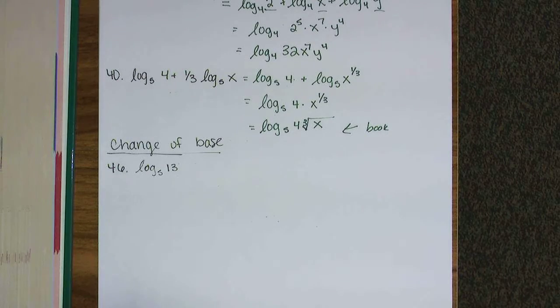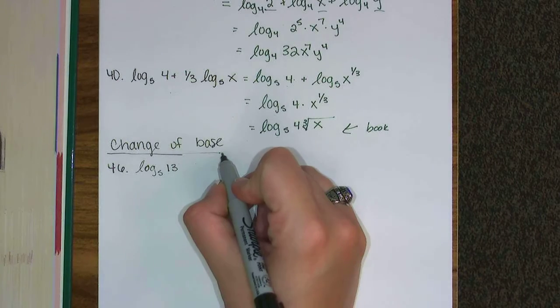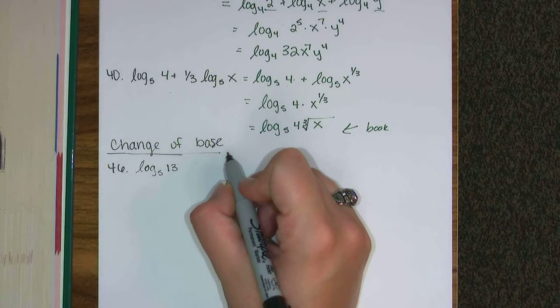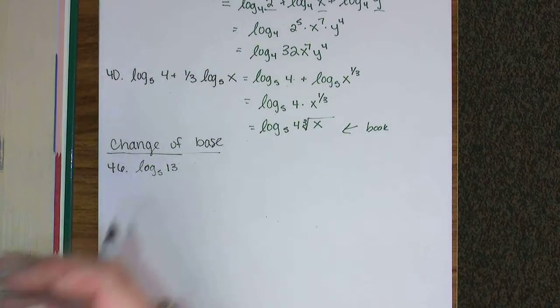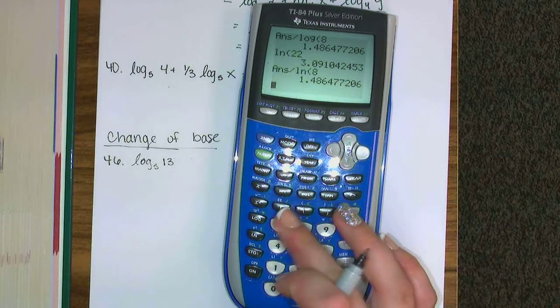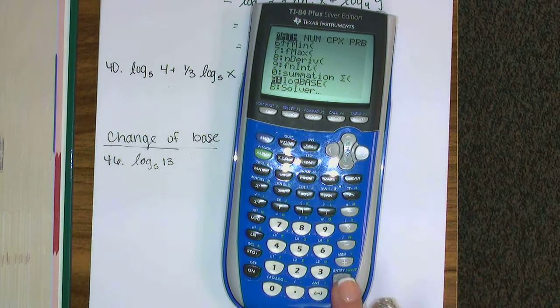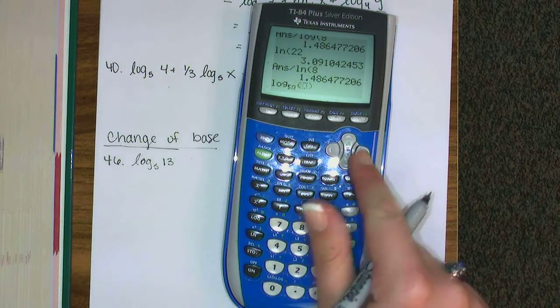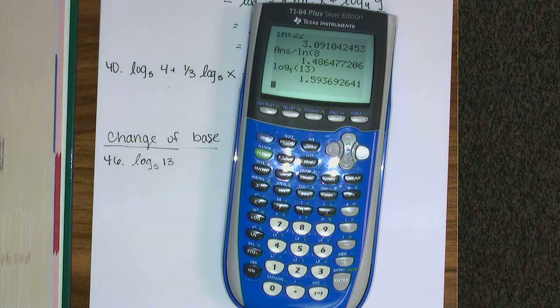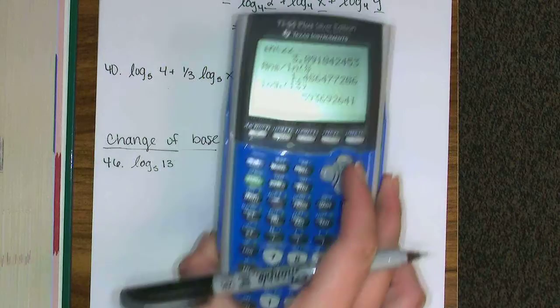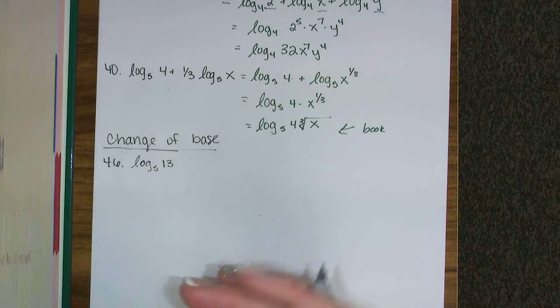The instructions specifically say to use this change of base formula. That does not mean that you can come over to your calculator, hit this log base, put in 5 and 13, and tell me that it's 1.59. Okay, can't do that. You have to use the change of base formula, and you have to show me your work for the change of base formula. What do I mean by that?